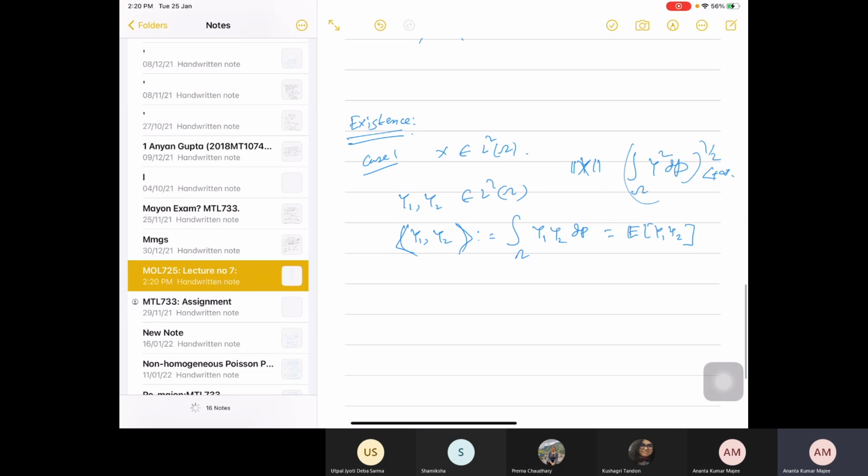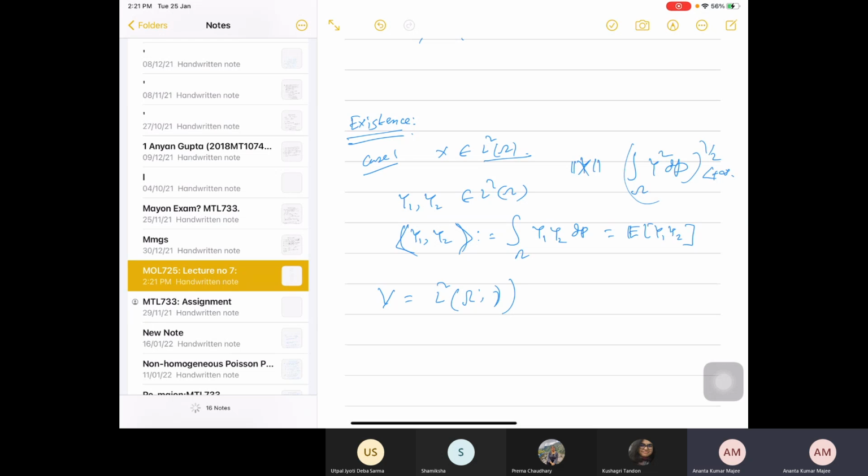Okay, so now I am considering the space V, which is L2 of omega, F, nu. That means it is again the square integrable random variables, but these are nu measurable. So V, which is L2 of omega nu, means this is the space of all square integrable random variables which are nu measurable. Whenever I have L2 of omega, I am not writing the F, just for notation, because it is trivially there.